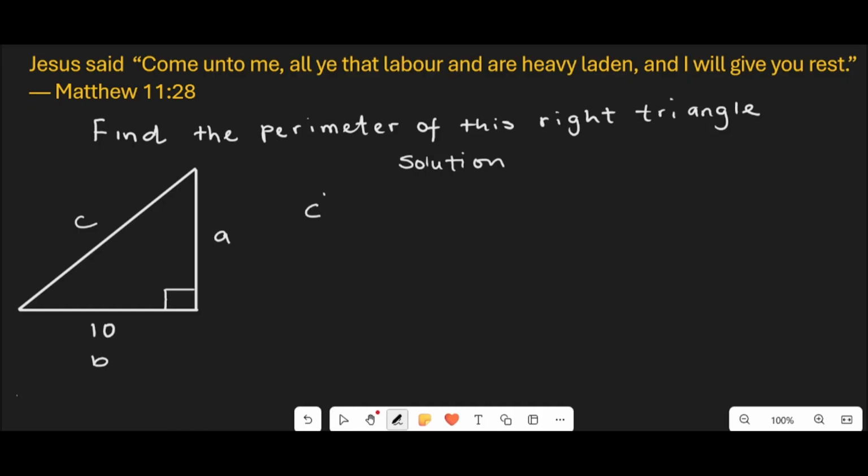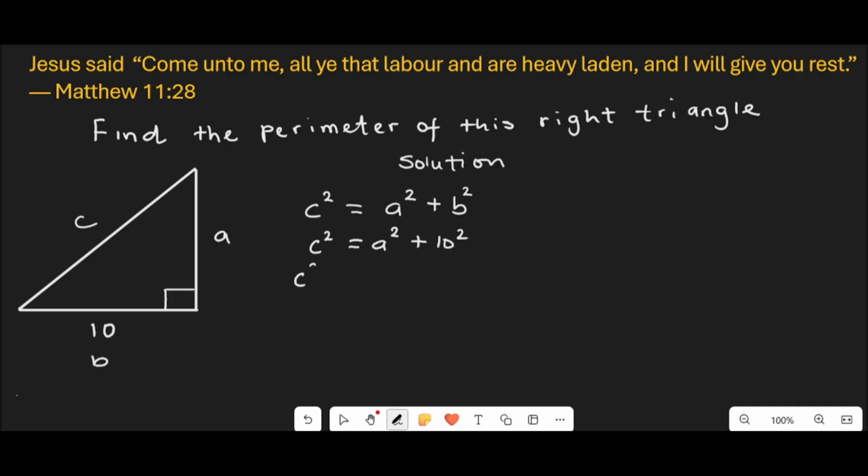C squared equal to A squared plus B squared. Here our B is 10. So let us substitute 10 into this equation. C squared equal to A squared plus 10 squared.